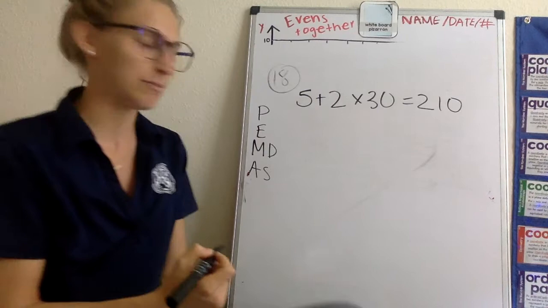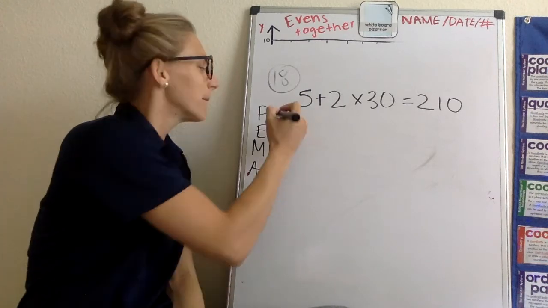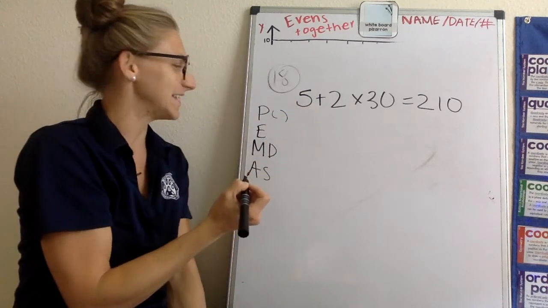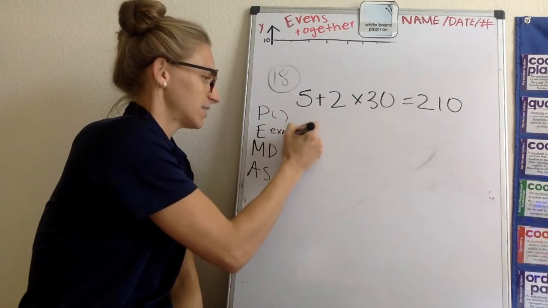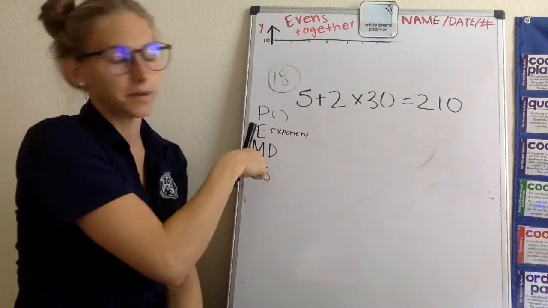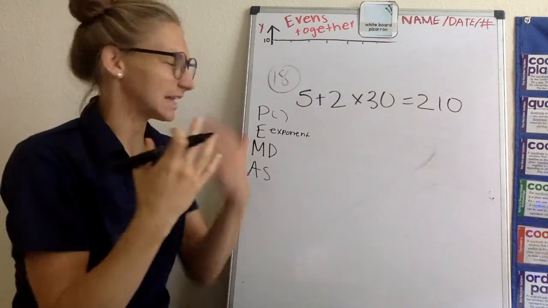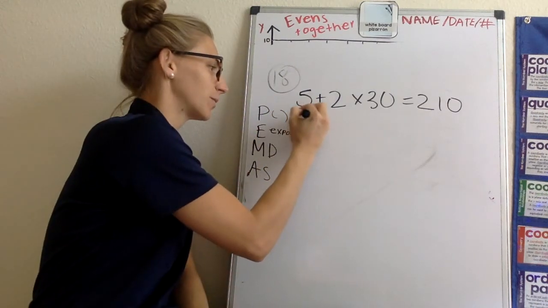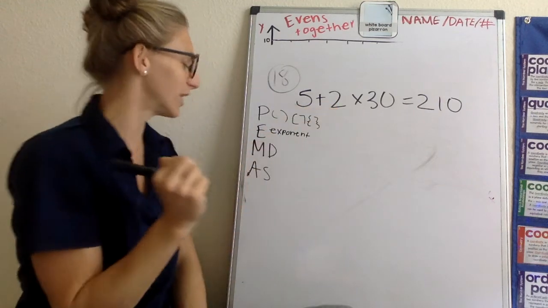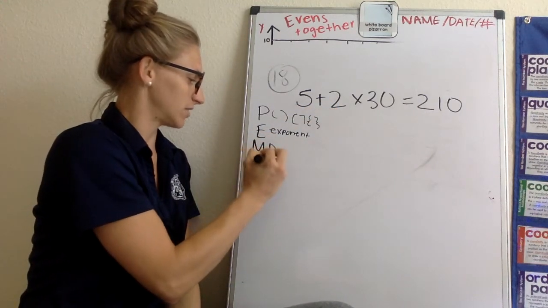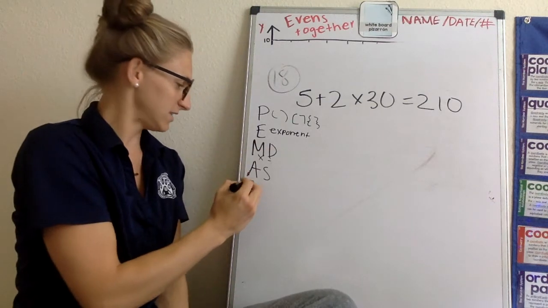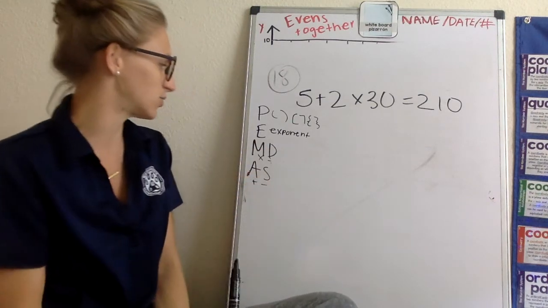If you forgot, the P stands for parentheses, and the E is exponent. Also, P also stands for brackets and braces, Miss Kujawa, and you guys are absolutely correct. Multiplication and division is our MD, and our AS stands for addition and subtraction.